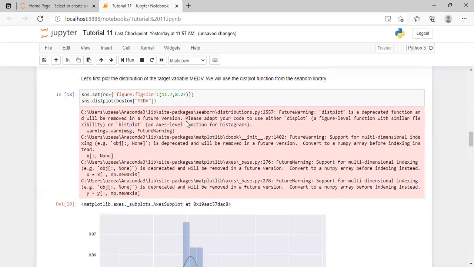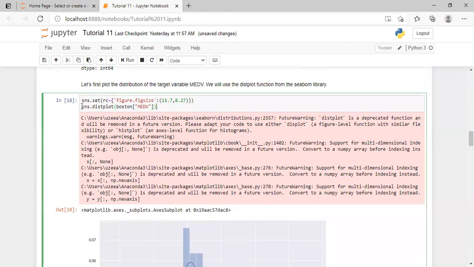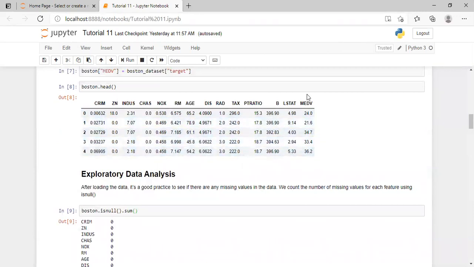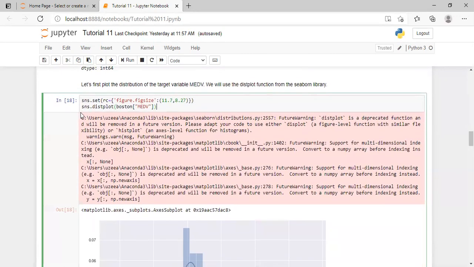So the next step, I want to plot the distribution plot of our MEDV column. The MEDV column is a predictor column. It is always good to see how the data is distributed in MEDV, the class variable. So I have passed this as a distribution plot. Ignore this part for the time being, because it's just to adjust the figure size how I want the figure to be.